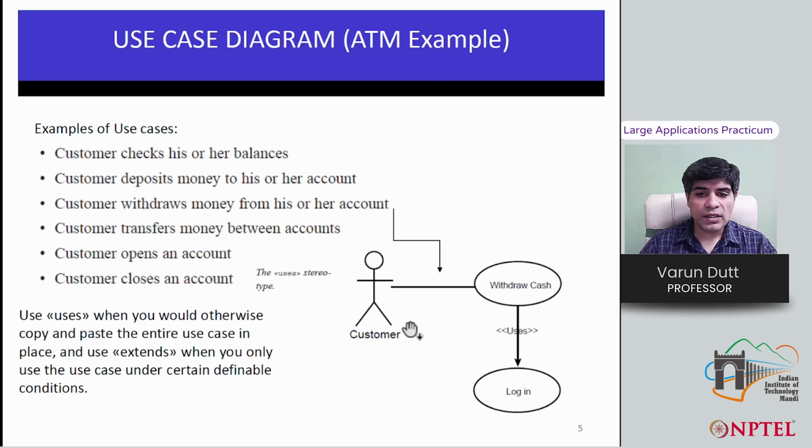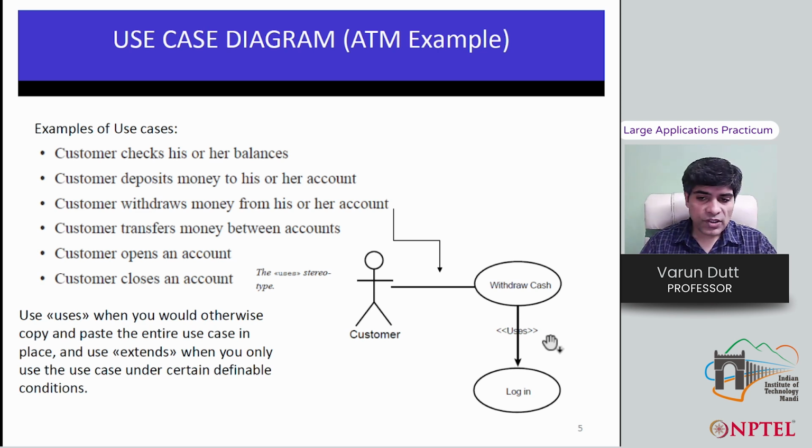So this is a customer, this is an actor. Suppose the customer withdraws money from his or her account, so there is a withdrawal use case and it uses the login. This uses is also called the stereotype, and oftentimes uses may also be mentioned as extends.